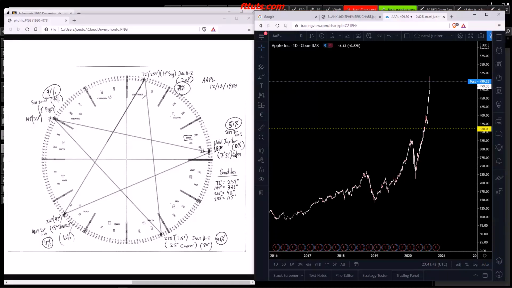Then we'll move to getting the actual position of natal Jupiter and see what that brings us. Sorry, the actual position of transiting Jupiter to natal Jupiter. So we'll look not just at the sun's position passing these particular points, but then we'll look at a longer term chart and see what it looks like when Jupiter is passing these points, okay?